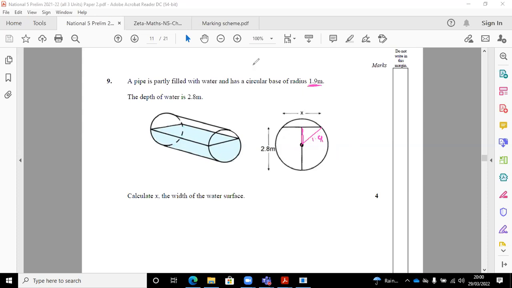You have been given 2.8 meters. 2.8 meters goes from the bottom of the circle to where the chord is. Now the bottom of the circle to the centre of the circle is your radius, so that length is 1.9. That means the distance from your centre of the circle to where the chord is is 2.8 minus 1.9.